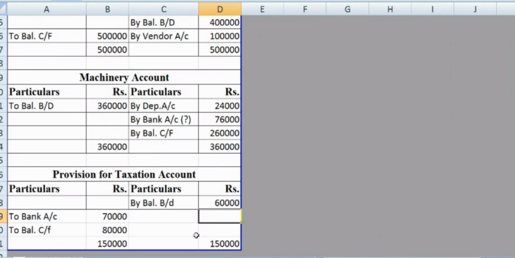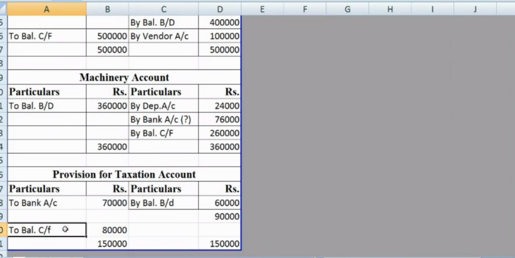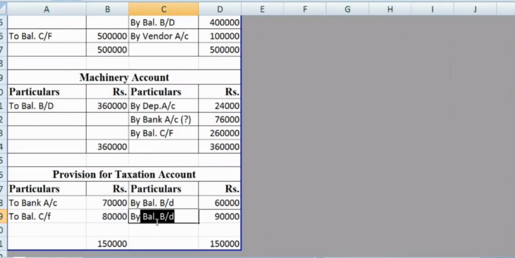Difference is 90,000, correct? This 90,000 will be considered as provision, and this provision is transferred where? By P and L account, correct?